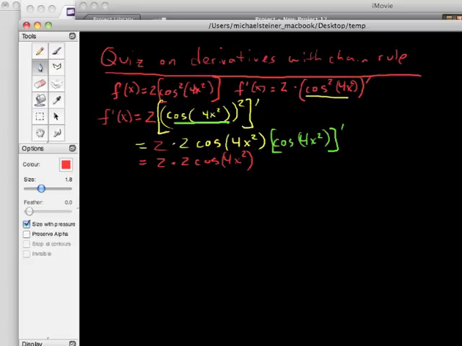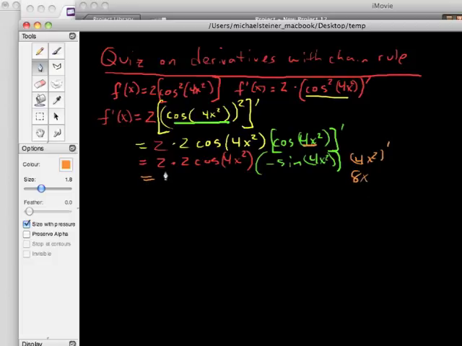The derivative of cosine, which most people got, if they got it, was this negative sine of 4x squared. But we still have to take the derivative of 4x squared. Okay, and the derivative of 4x squared is 8x.